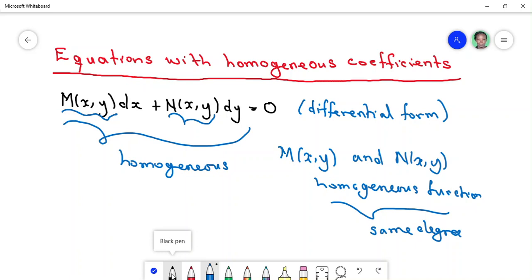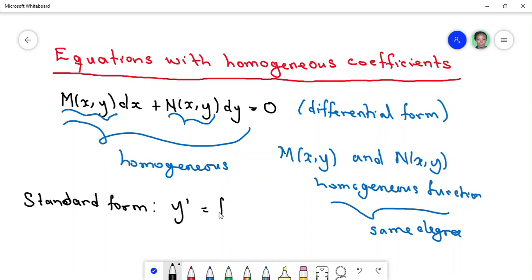If I want the standard form of my differential equation, then you have y prime to be equal to f as a function of x and y. So this will be my standard form and this will be my differential form.